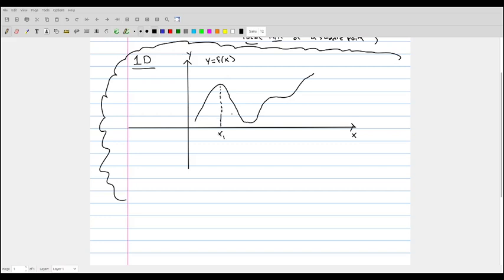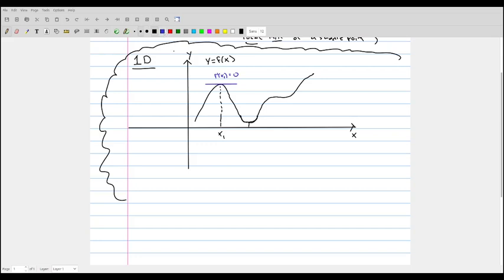So at this point x1, we have a local max of the function. It's a critical point because the slope there is 0. Specifically, it's that critical point of type 1, or f prime being equal to 0. Then also at this point x2 right here, the minimum of the function kind of comes down and then it goes up like this.